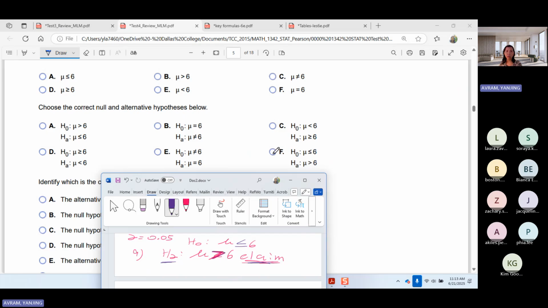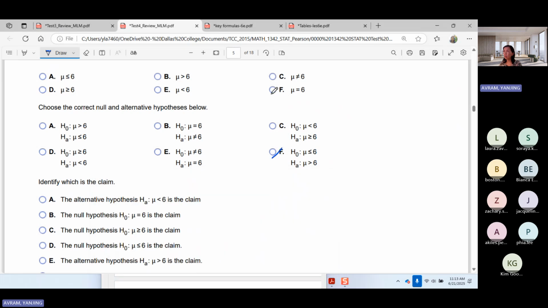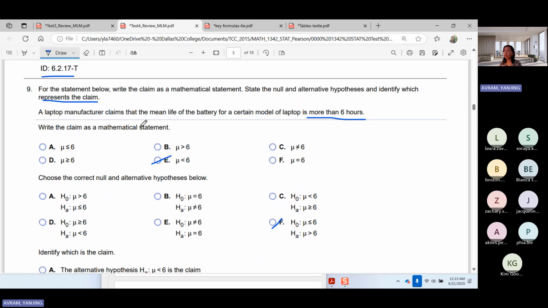Oh, I'm sorry, take it back. B is the correct one: more than 6 hours, greater than. Then mu is greater than 6, and the null is less than or equal to 6. So this is the correct one.